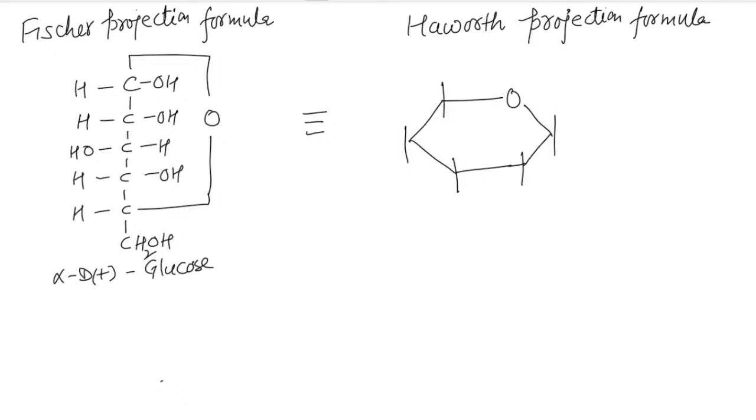The one on the left side is at the top, and the right side is at the bottom. Now this is 1, 2, 3, 4 and 5. 1, 2, 3, 4, 5, and this is the 6th, okay.